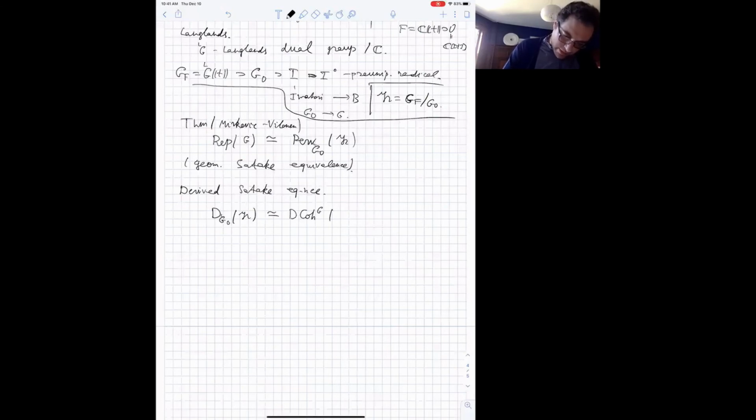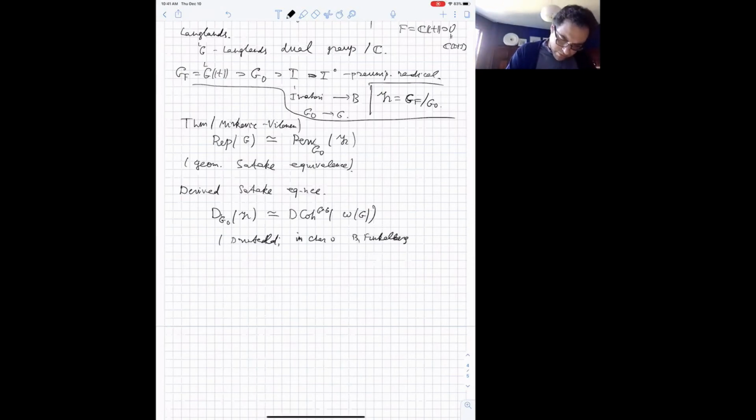Since I already introduced this notation, let me write it this way: omega of G, and then it will be G times G. So this is really, I think the idea goes back to Drinfeld, but in characteristic p; in characteristic 0, it appears in my paper with Finkelberg.